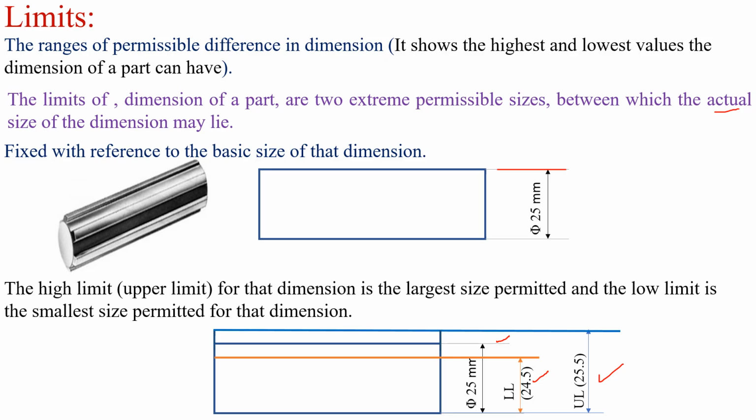So in this example, 25 mm is the basic size, and for the permissible range we are giving the maximum limit as 25.5 and the minimum limit as 24.5.